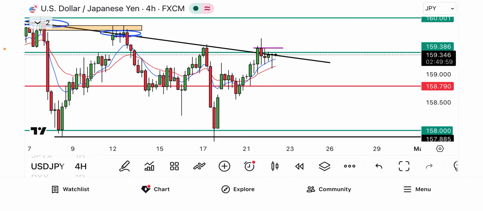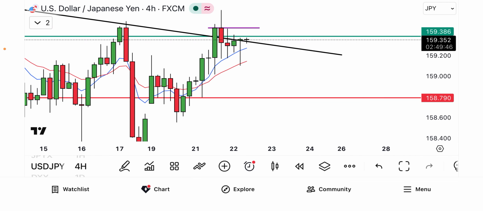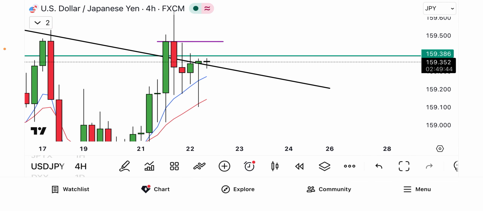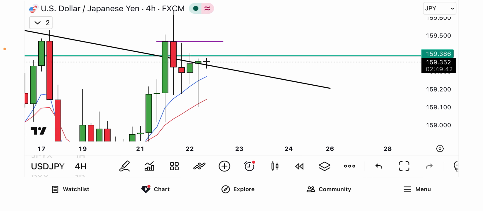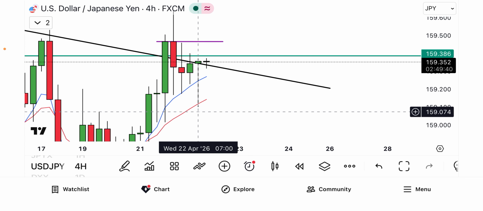I think, is it 2 o'clock? Yeah, 2 o'clock is 12 p.m. here in South Africa. At 2 o'clock, we're gonna start looking for our entries. So you wait for the 4-hour candle close. This is 7, this is 11.